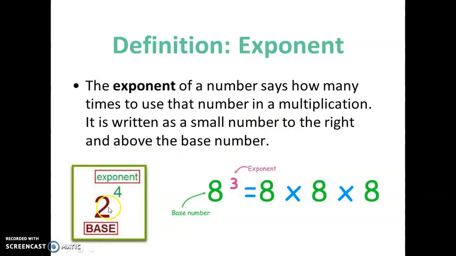For example, 2 raised to 4. 4 is called exponent and 2 is called base. So what is 2 raised to 4? We know that it is 2 into 2 into 2 into 2, so we derive 16 as the answer.